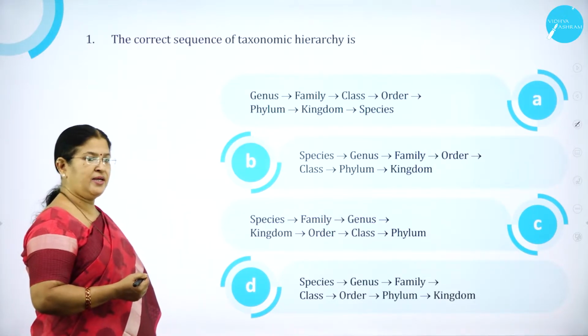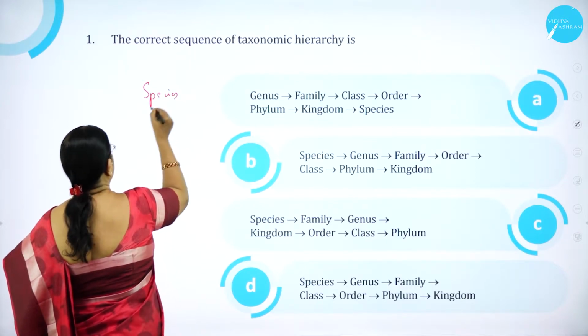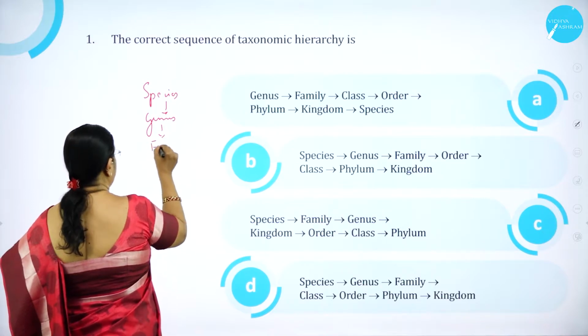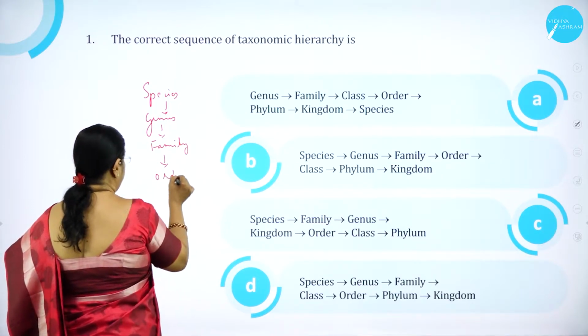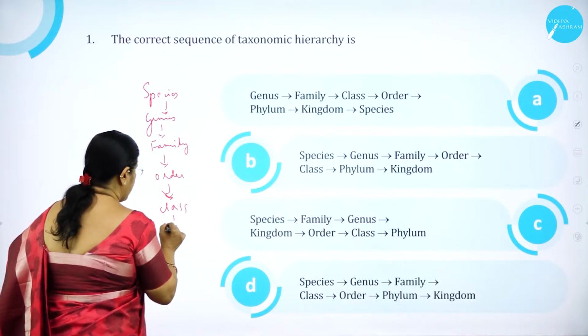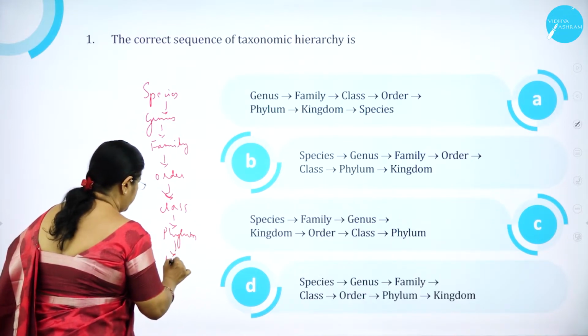Taxonomic hierarchy, as you know, starts from species to genus, then genus to family, family to order, order to class, class to phylum, and phylum to kingdom.